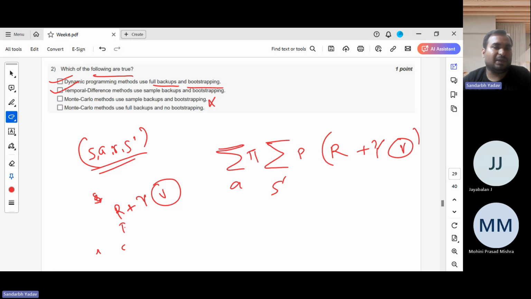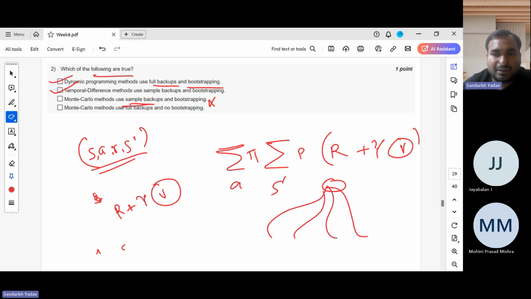And do they use full backups or sample backups? They definitely use sample backups. If we were using full backups in Monte Carlo, we would have simulated all the possible trajectories, whatever is possible. But we don't usually do that. We sample some of them and take the average because that is feasible in our computation power.